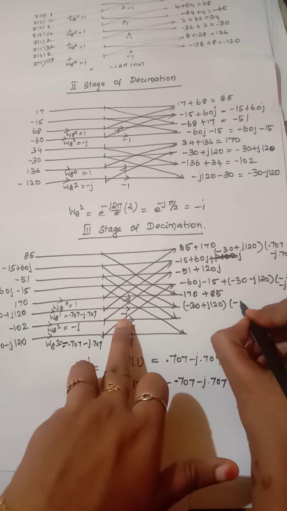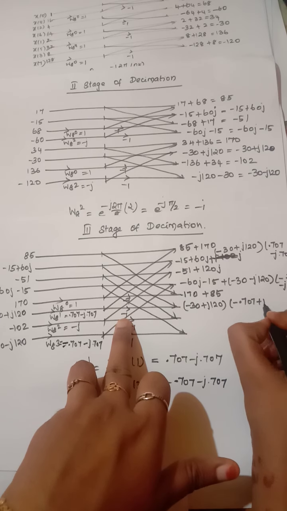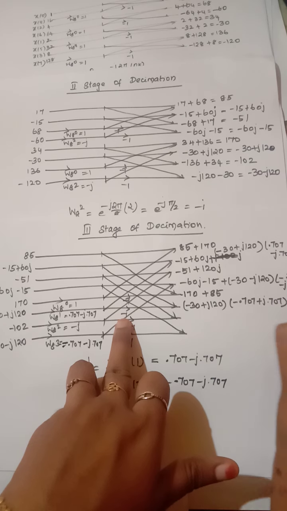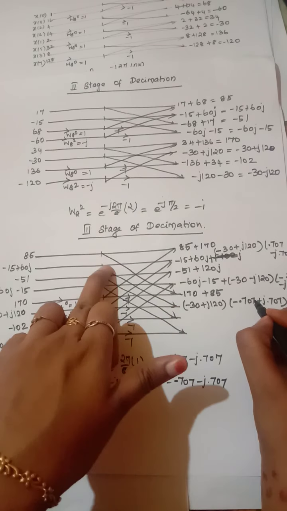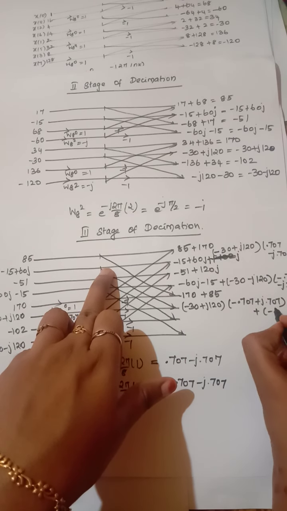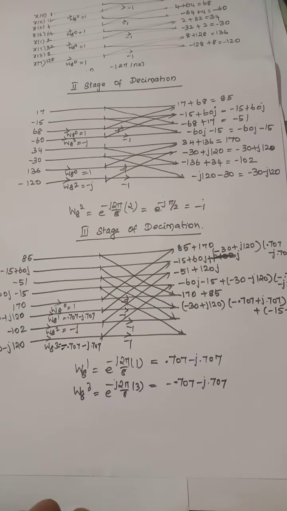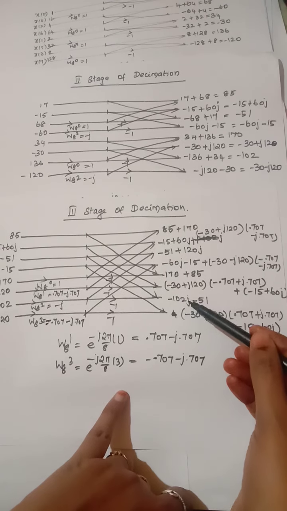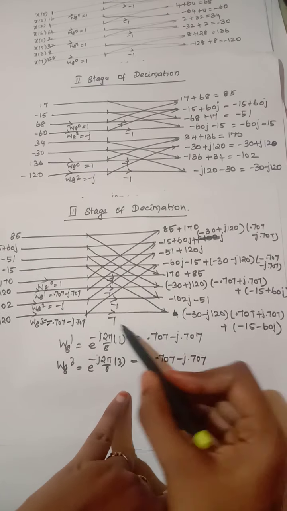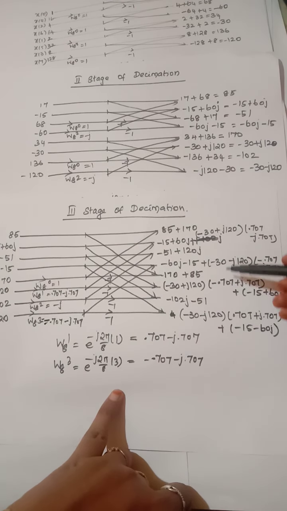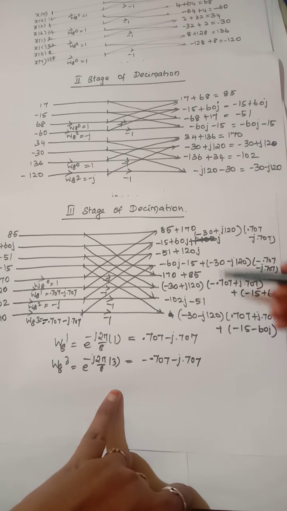So this can be written as minus 0.707 plus j 0.707, and this line come from this point. So here it is plus minus 15 plus 60j. Similarly, I have written for these two stages. So then after writing this, we need to simplify this. That is the final results.